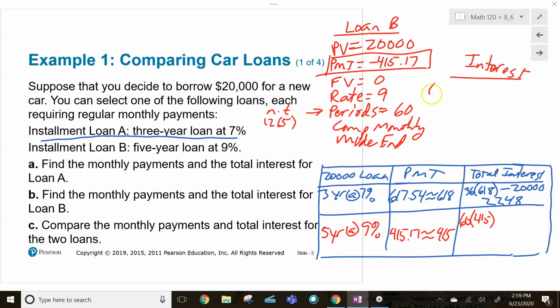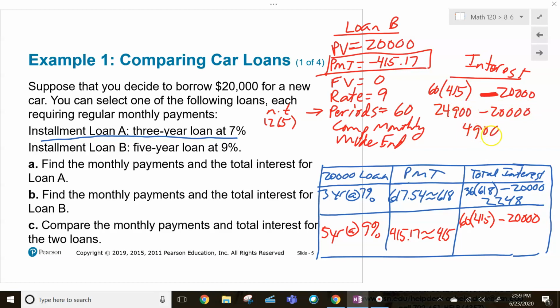I paid a lot more than that. I made 60 payments of $415. So what did I pay? Because I did get to keep the $20,000 car. So you go 60 times 415, and you get 24,900.